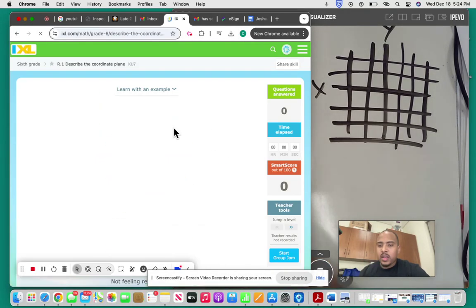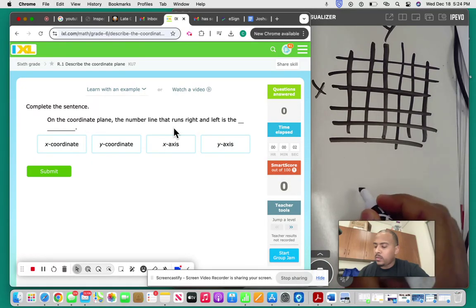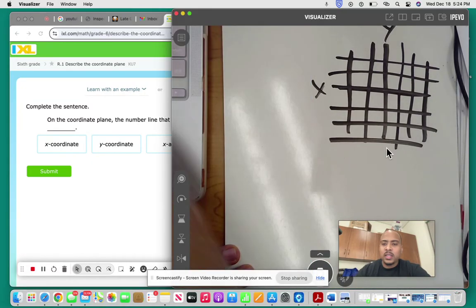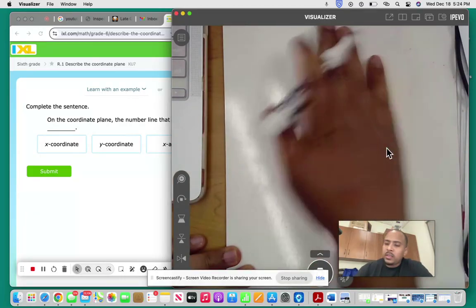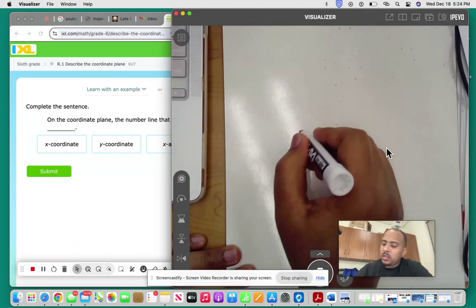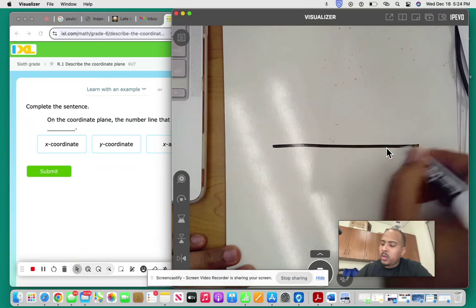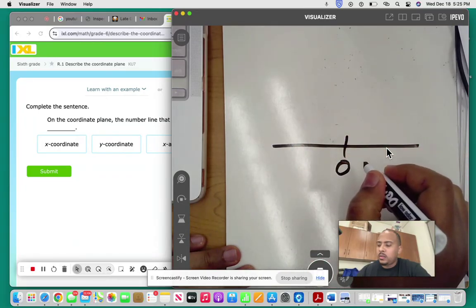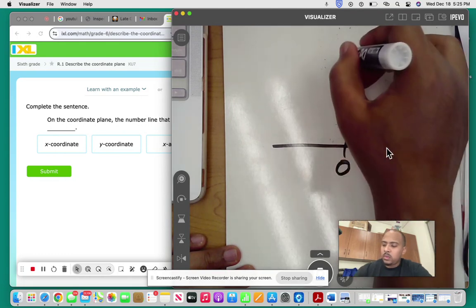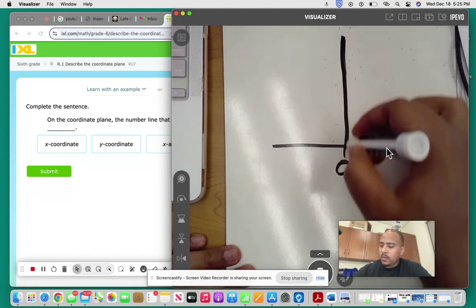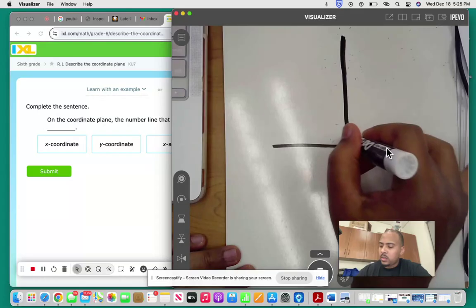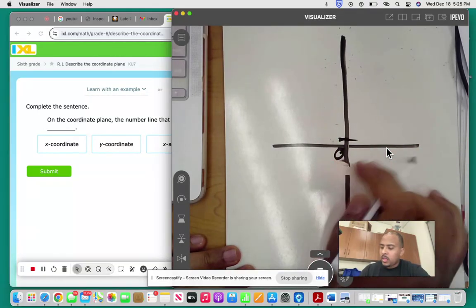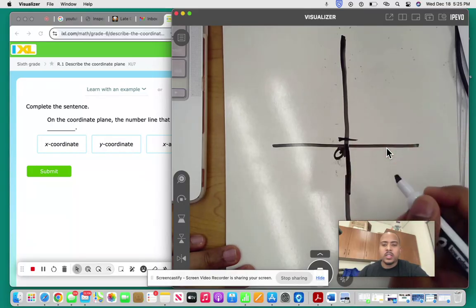Now, if you're good at numbers, right, you'll start to see that a coordinate plane is actually just one horizontal number line and two a vertical number line, all right, that cross each other.